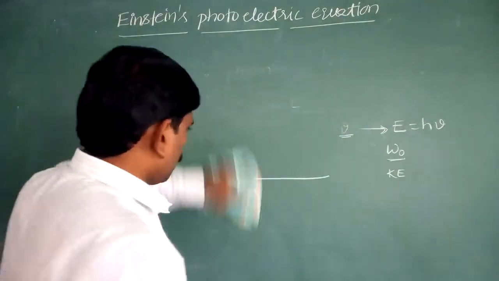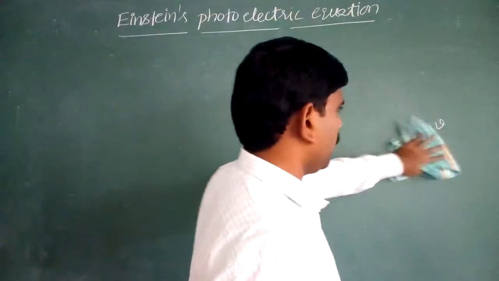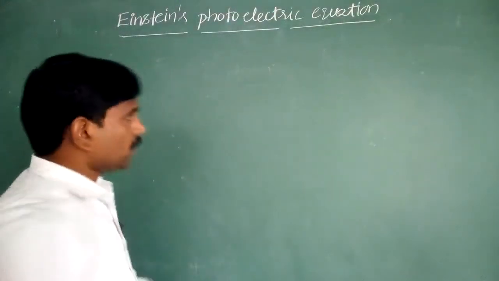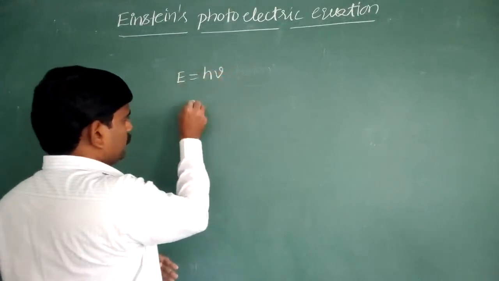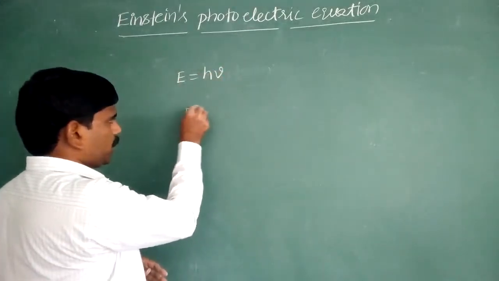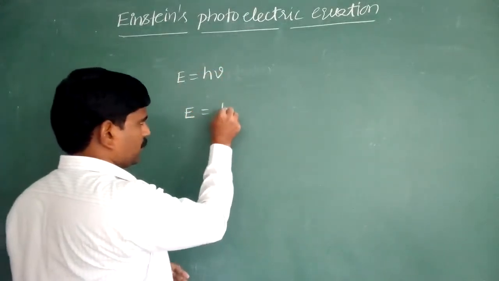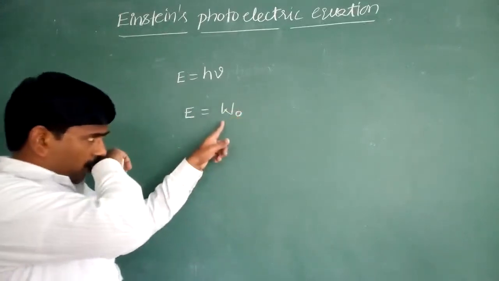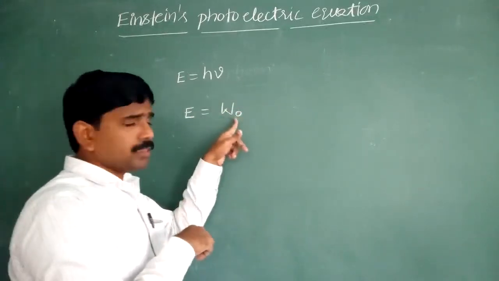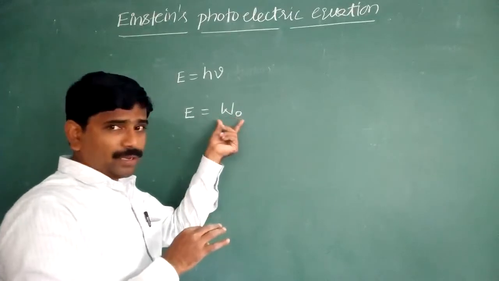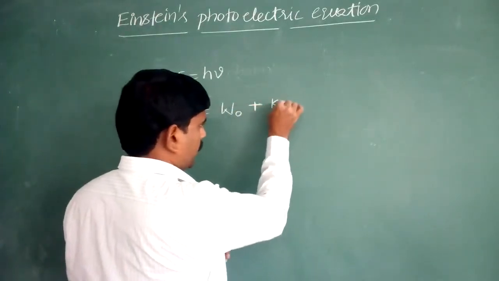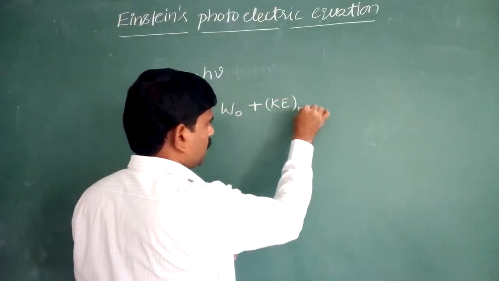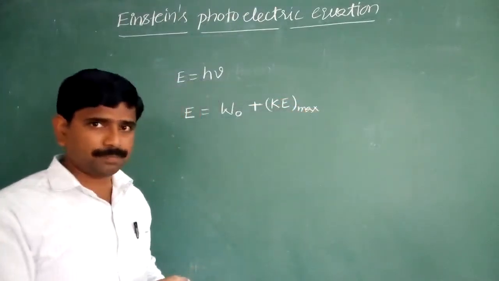So the total energy is h nu; in that, some energy is utilized to remove the electron from the metal surface, which is the work function, and the remaining energy is converted into the maximum kinetic energy.